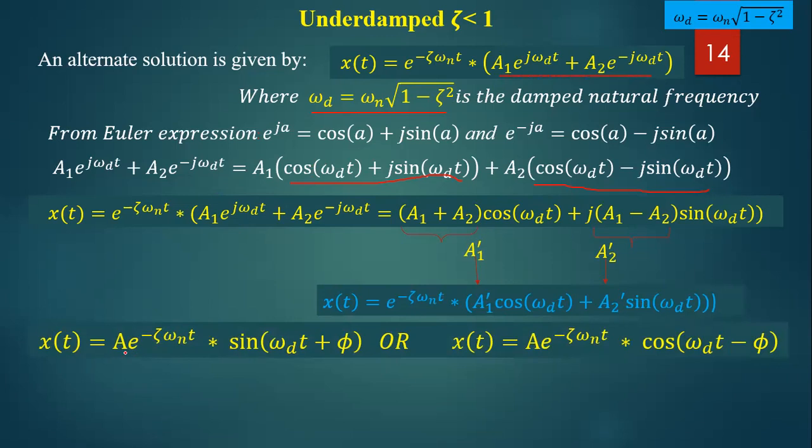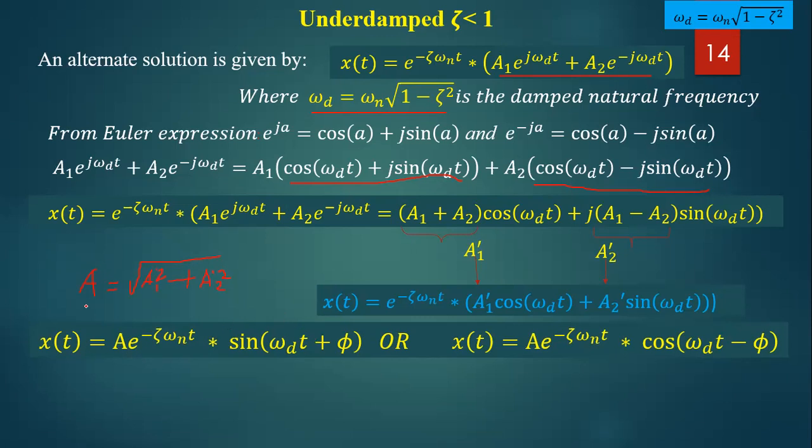So let's multiply it by this constant A, e to the minus zeta omega n t. By defining A1 and A2, let this A be equal to the square root of A1 prime square plus A2 prime square.